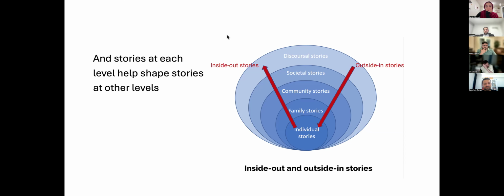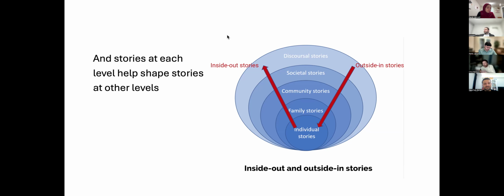So for example, with the growth of the Me Too movement, more inside-out stories became available, and community and social awareness of those stories grew. And so we can change, and that's important.